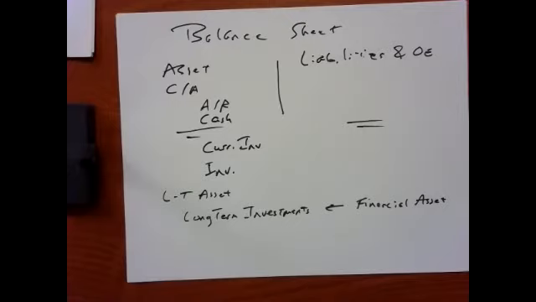They might own a piece of property that has a retail business on it or something like that. Those could be financial assets, as long as they're being held as an investment, not as an operational asset. Okay? Mostly think stocks and bonds.